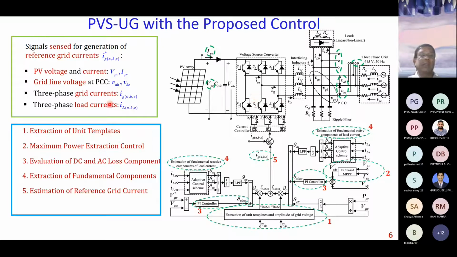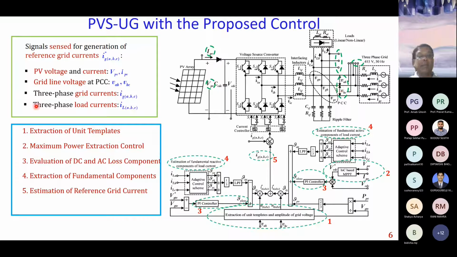And for that, what is important? We need to sense, to generate the reference grid current, that is IGABC star, different voltages like the PV voltage and current, VPV and IPV. We also sense the grid line voltages at the PCC, that is VAB and VBC. The point of common coupling is here.